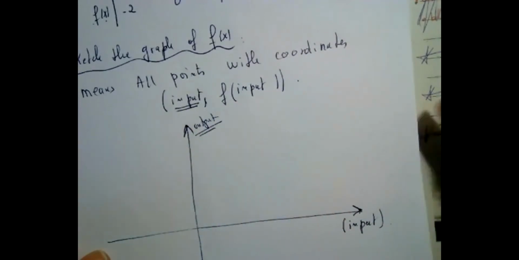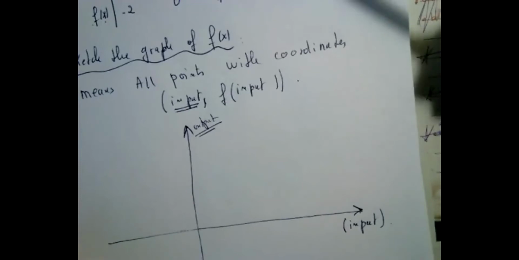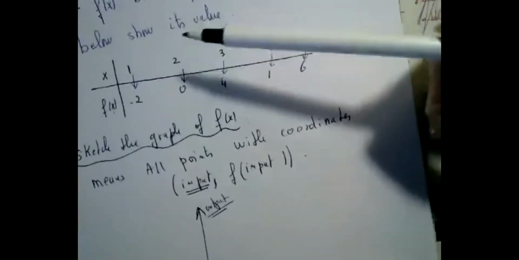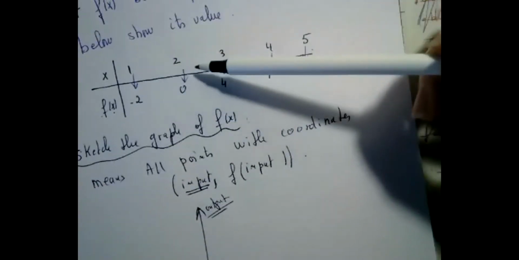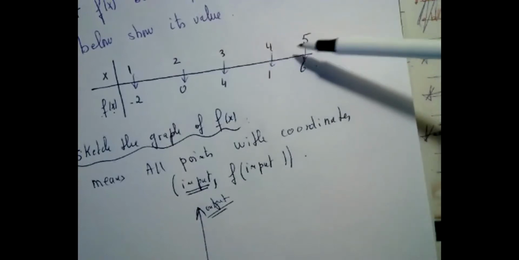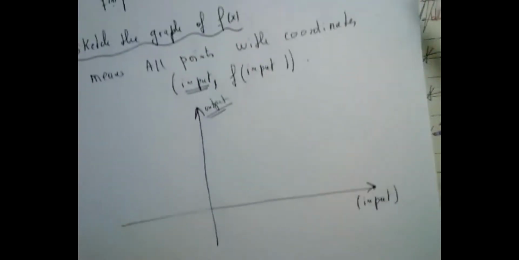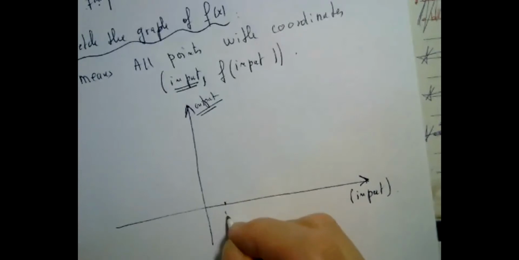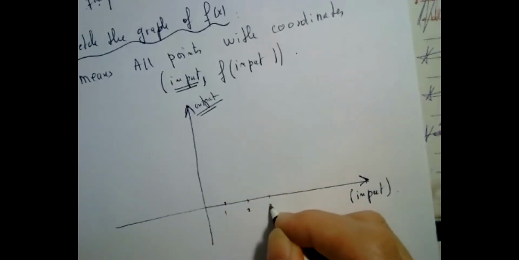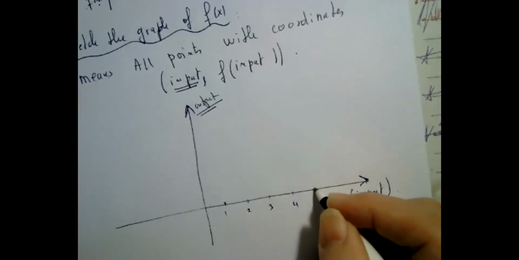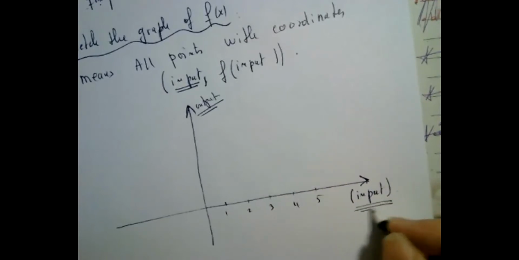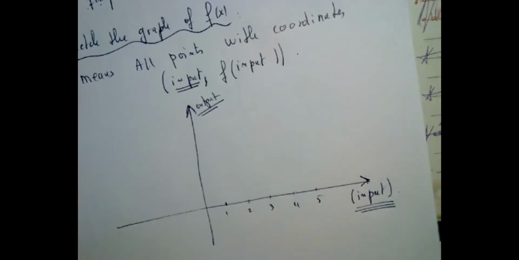Crucial. What are my input values in this problem? I gave a very simple problem. The input values are 1, 2, 3, 4, and 5. So right here, we're going to put 1, 2, 3, 4, 5. Always the input on the horizontal axis. So these are my input values.